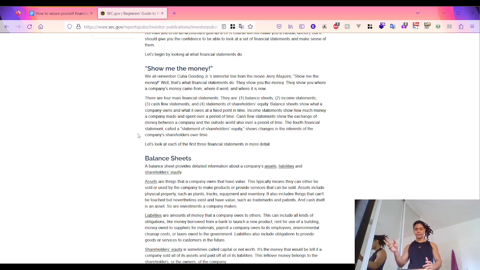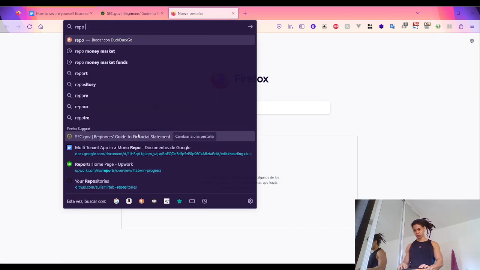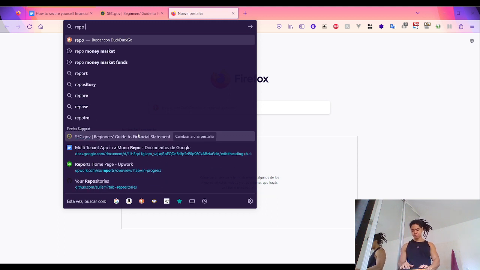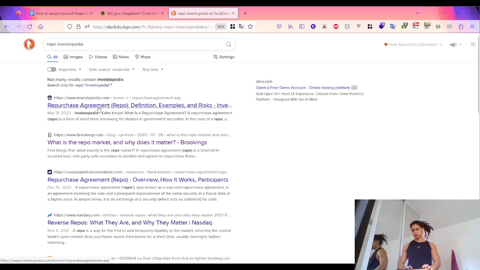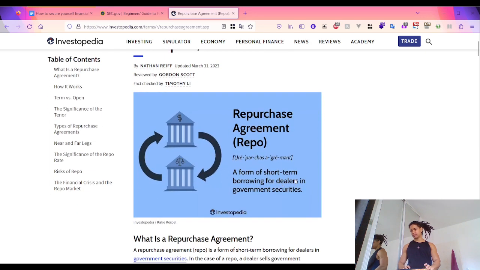repo, from Investopedia. A repurchase agreement is a short-term debt issued for short-term borrowing by dealers in government securities.